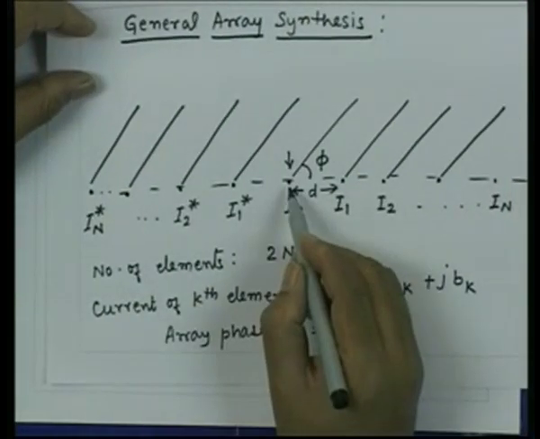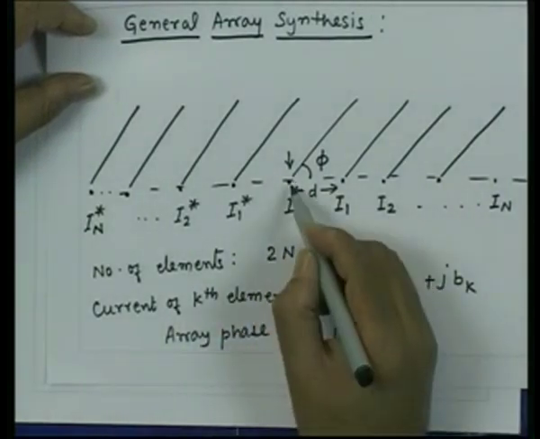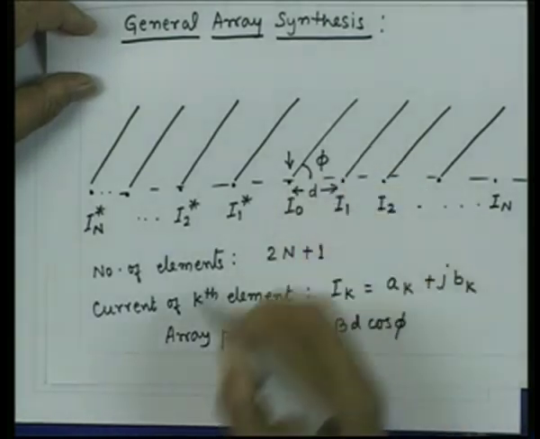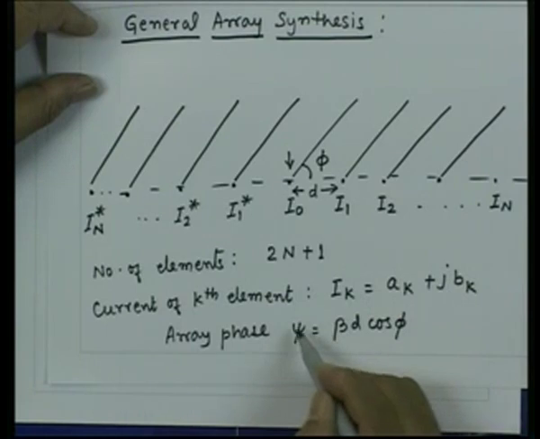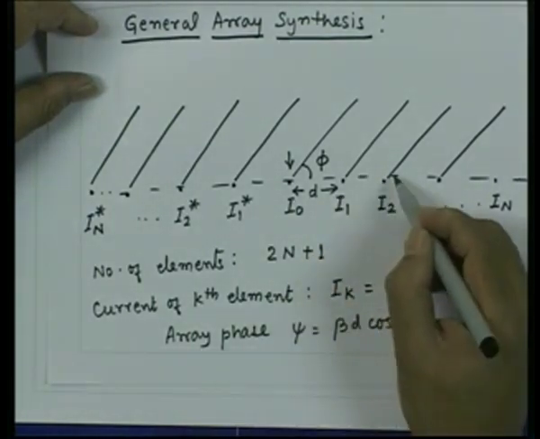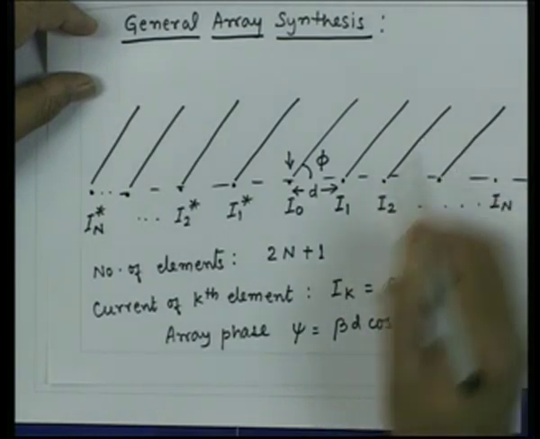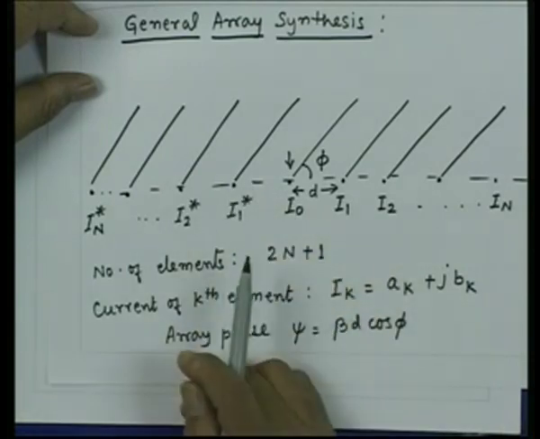The current I0 we are considering as the reference element, so the phase for this will be 0, then the next will have a phase corresponding to psi: I1 e to the power j psi, I2 e to the power 2 j psi, and so on, and the same thing we can do for the elements on the other side.